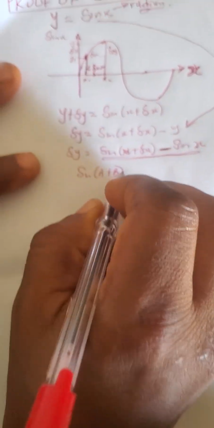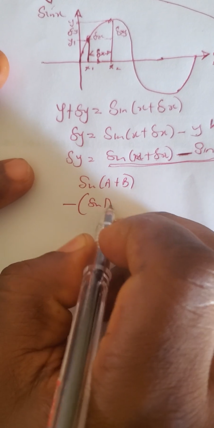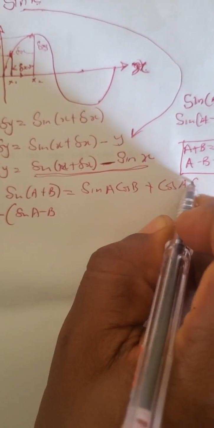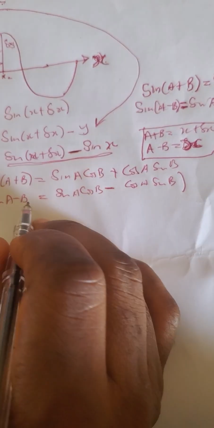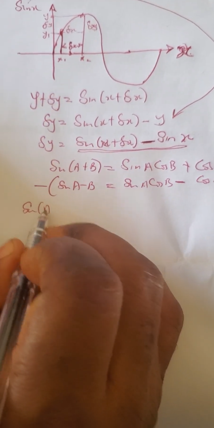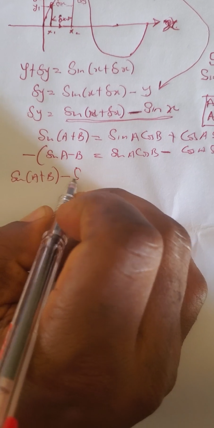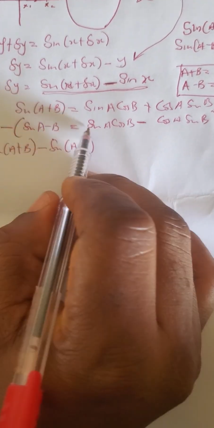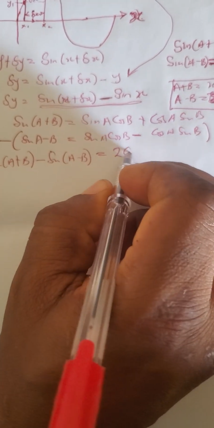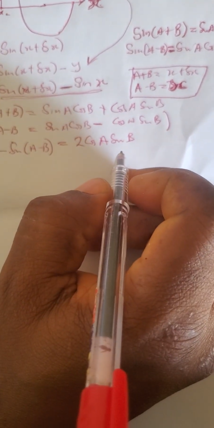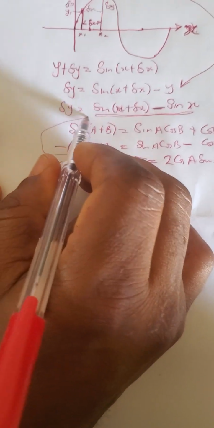Sine A plus B minus sine A minus B. You know that this is sine A cos B plus cos A sine B, then this is sine A cos B minus cos A sine B. So when we subtract, I'm going to have sine A plus B minus sine A minus B, and this becomes 2 cos A sine B. So in a nutshell, what we have here is the same thing as what we have here.